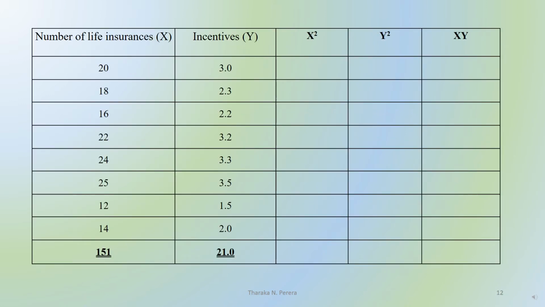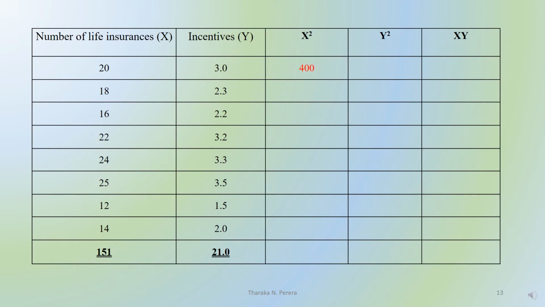Here I get the summation of x and y and also add 3 columns to fill the values of x squared, y squared and xy. In the x squared column, we have to fill the squared value of each element in the x column. First one is the square of 20, which equals 400.